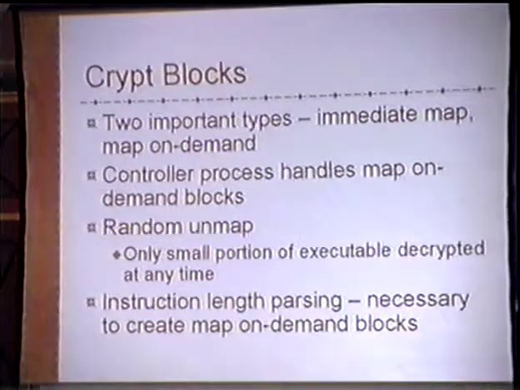There are two different important types of crypt blocks, ones that are immediately mapped and ones that are mapped on demand. For simplicity's sake, we map all data immediately because you don't know when the data might be accessed. You don't know what part of the code might access the data. So you have to map the data immediately to make sure it's there and the program can execute properly.